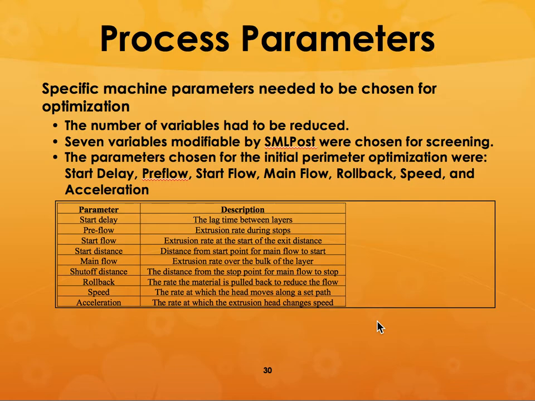These are based on our experience. So these are the parameters and the description. For example, the start delay is a lag time between the layers. After you lay down one layer, you have to wait a few minutes for the material to settle before you start the next one.